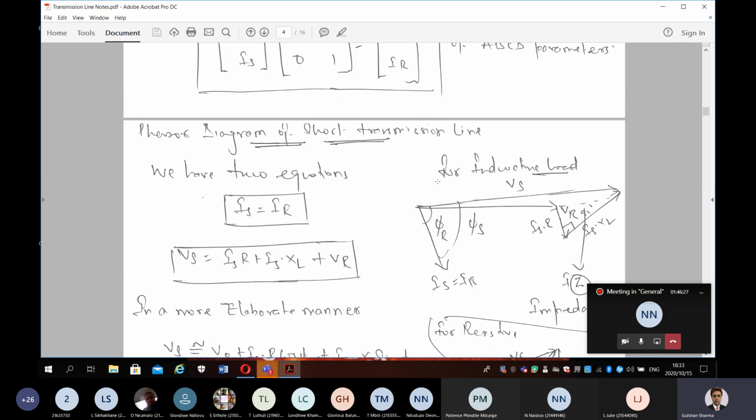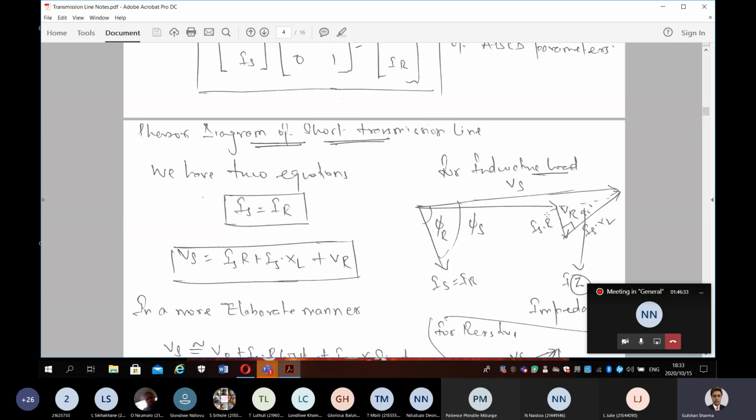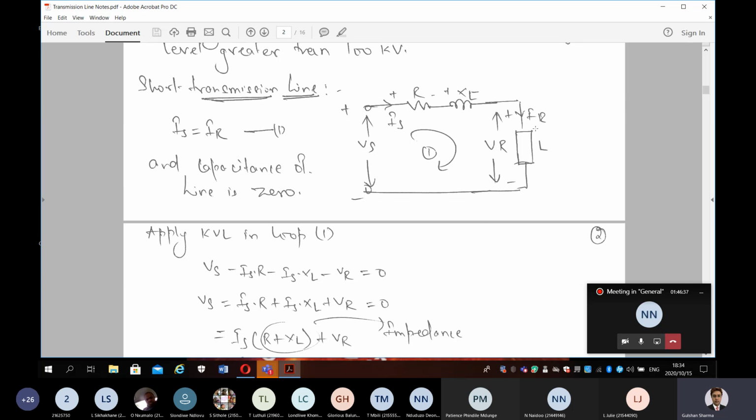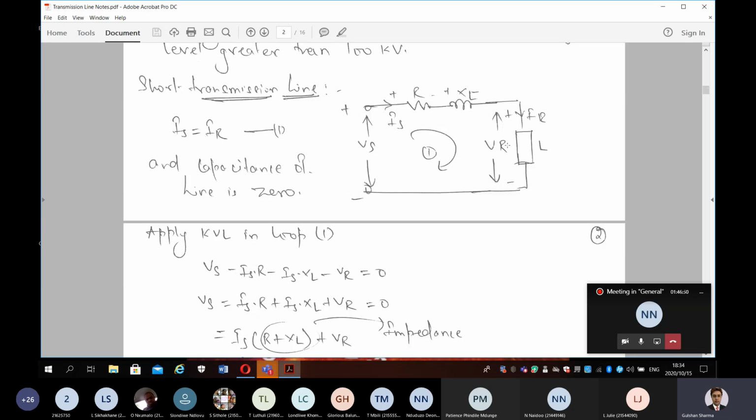Now how do we draw the phasor? Just take a straight line from here and draw the VR. As an engineer, what we do is that we always pick the receiving end and then we represent each and every element or component on the phasor. In the receiving end there is a voltage VR and there is the current IR which is flowing across this load.